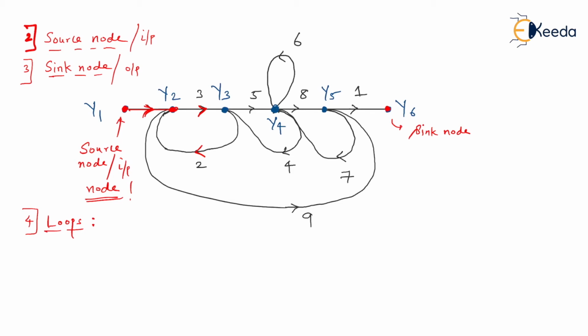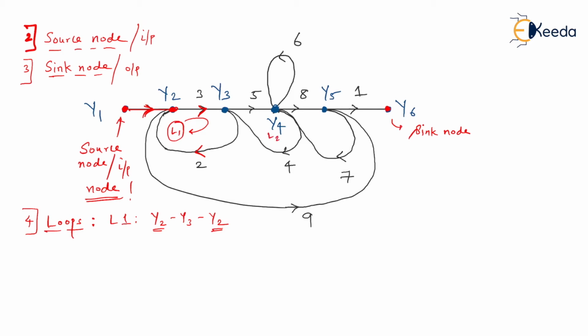Similarly, in a signal flow graph, you have to find the loops, right? It is very easy to find the loops here. I can consider this as loop number 1, L1: y2 to y3 and then y3 back to y2. As you can see, the starting node and terminating node are the same, so it is considered a loop.